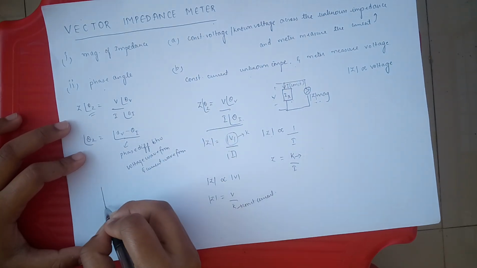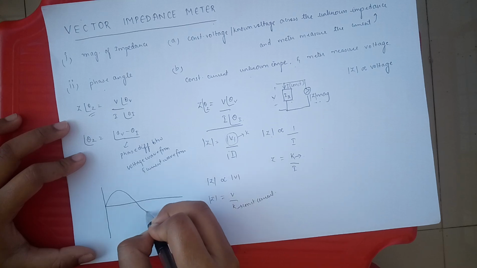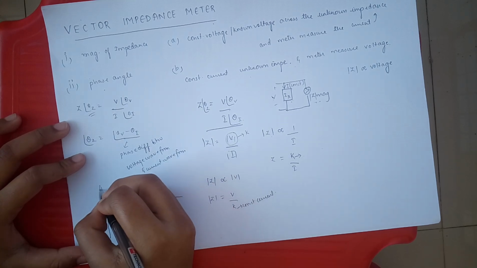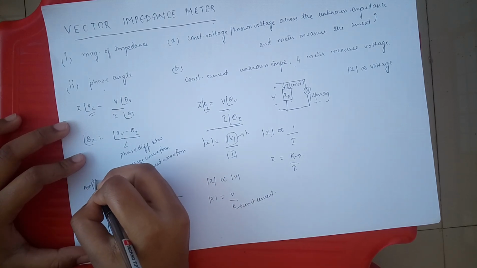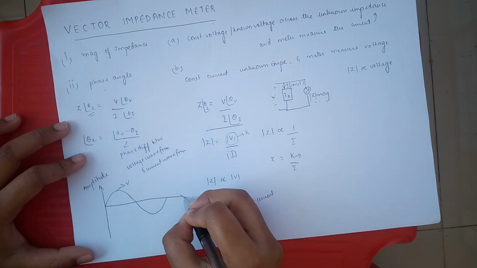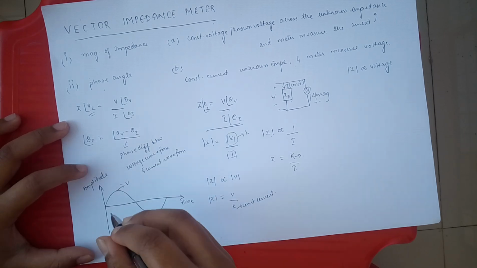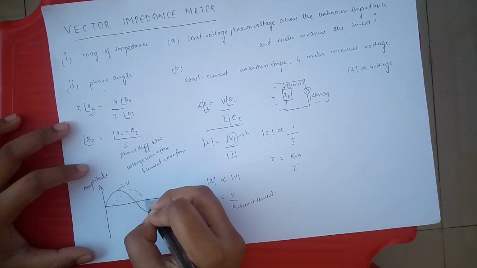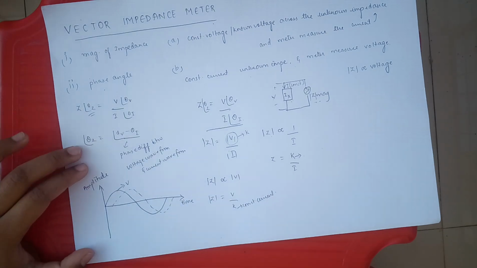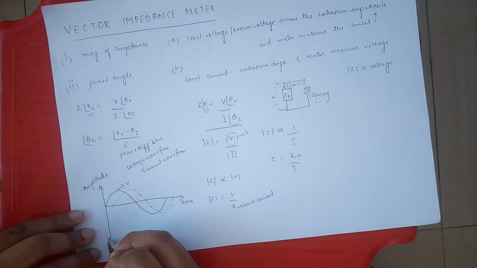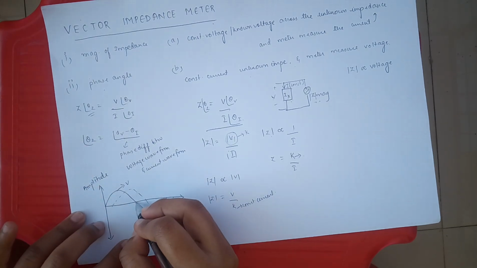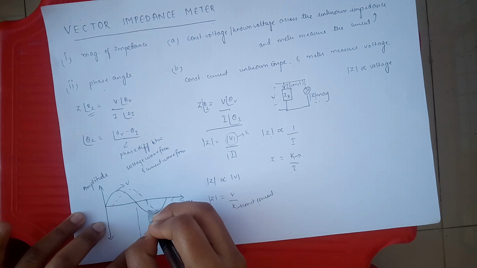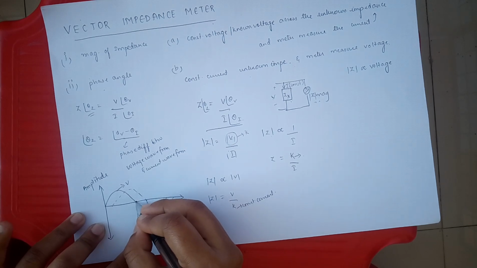Let us see it. Assume this is your voltage waveform and this is your current waveform. The meter is so designed that it measures the zero crossing points.